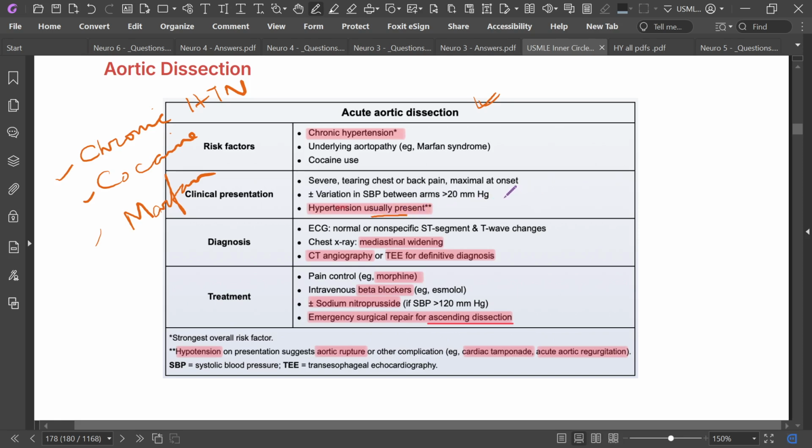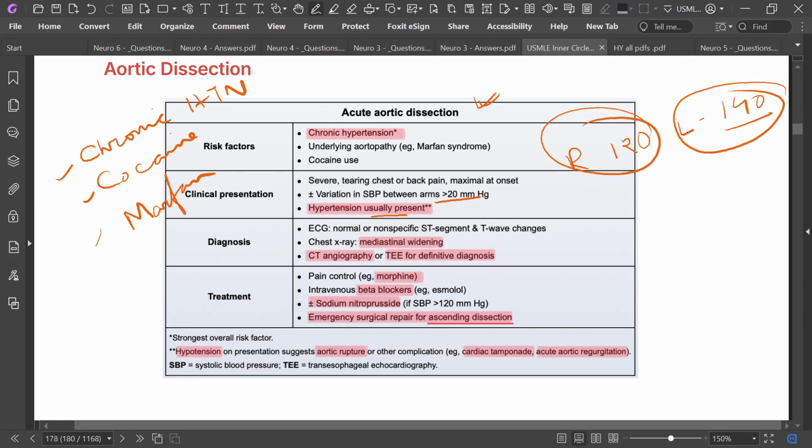You should look for variation in the systolic blood pressure between the arms. For example, if the right arm systolic blood pressure is 120 and the left arm is 140, this variation should be taken into consideration.